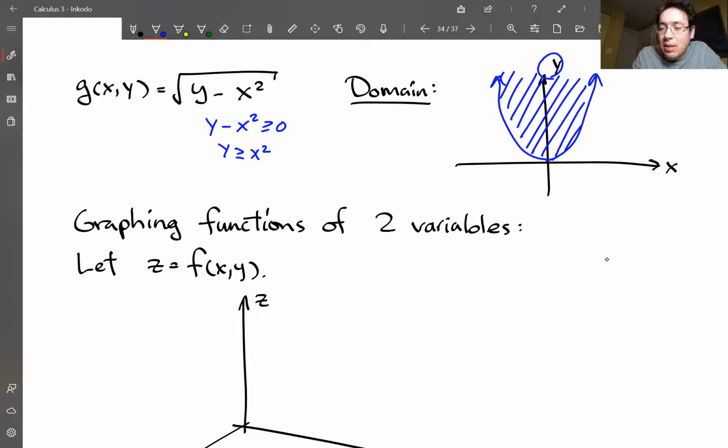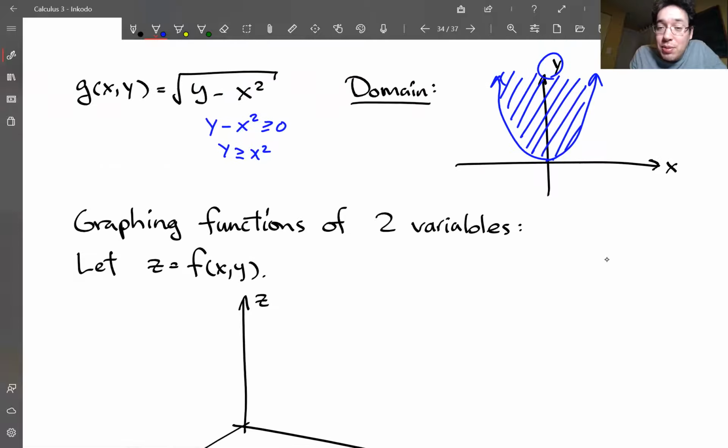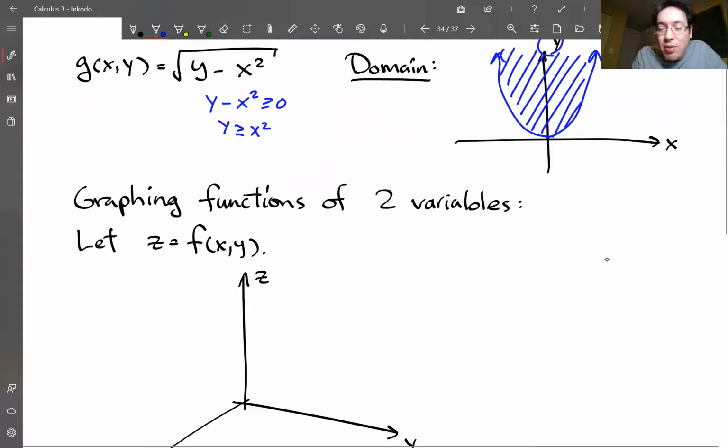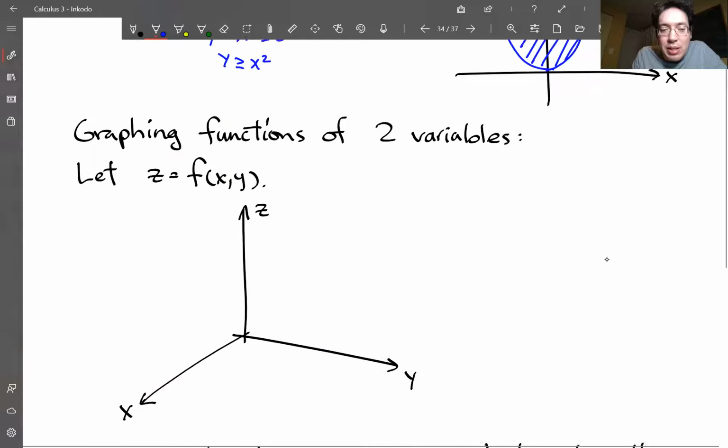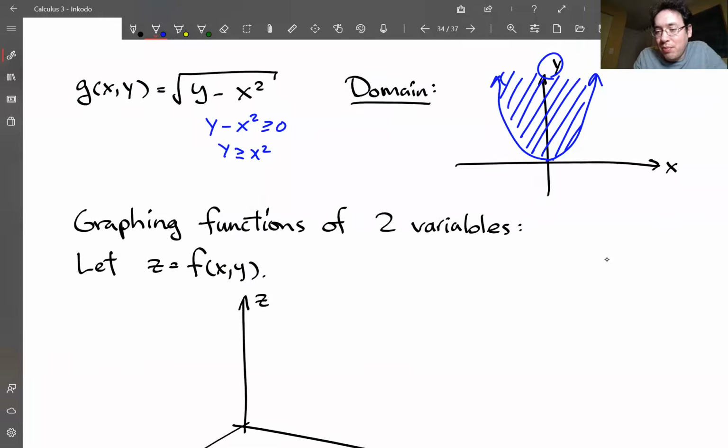So its domain is not a set of numbers. It's not like an interval or anything like that. It's a region in the xy plane here. Let's do something that's a little bit harder. Now I want to graph this function. What we're going to do is lift it into 3 dimensions. There are 2 input variables, x and y, and z is the output.